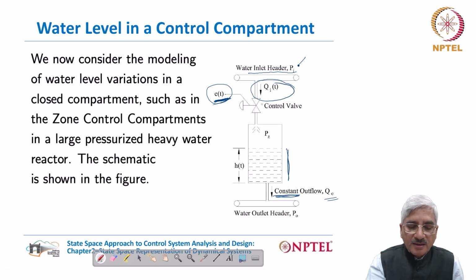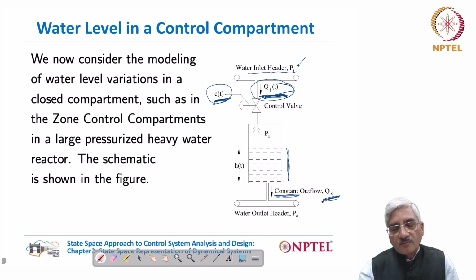So if the valve is at a constant position, the liquid inflow will be constant. If it opens more, then the water inflow will be larger than its value at the equilibrium, and if it closes relative to that, then the water inflow will be lesser compared to the water outflow.